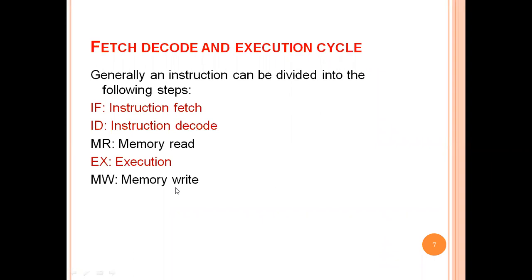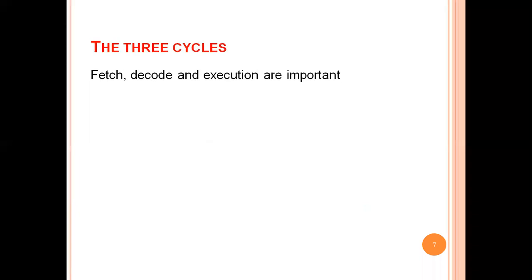But in an instruction there always exist 3 parts: instruction fetch, instruction decode, and execution. So we will discuss today about these 3 parts. Clear? These are the main parts in an instruction. Fetch, decode, and execution are the most important.